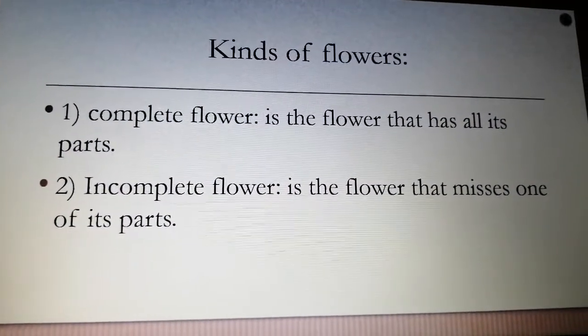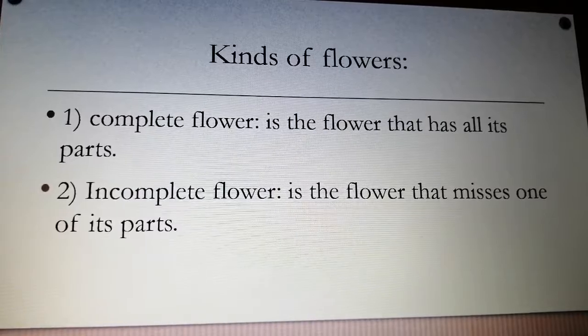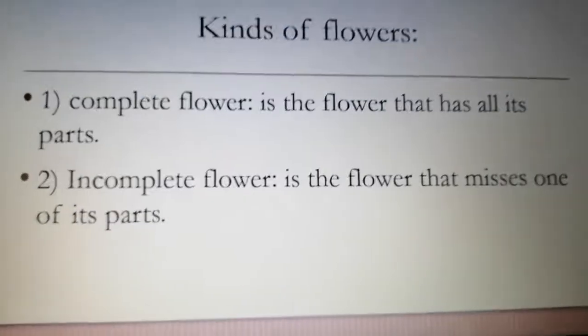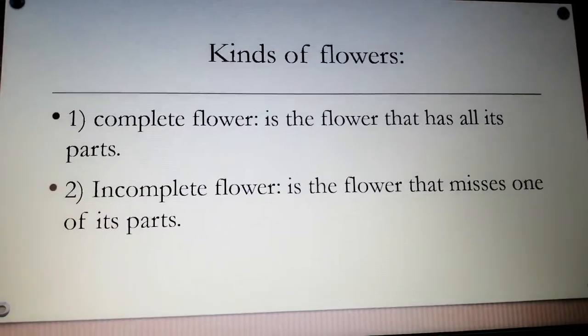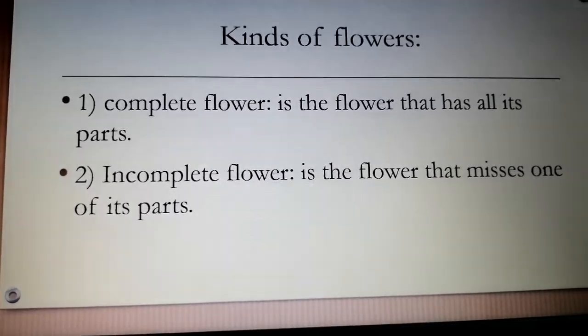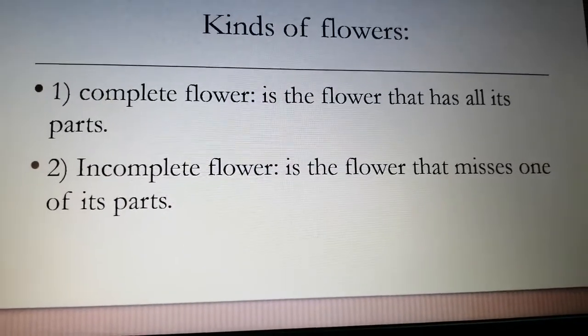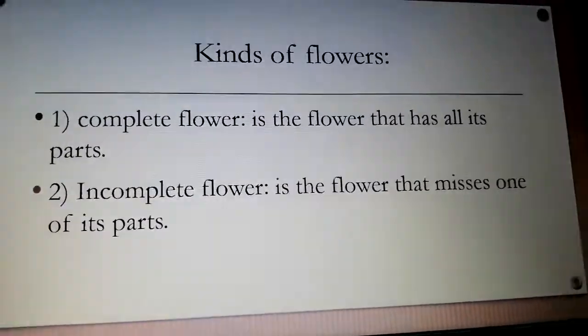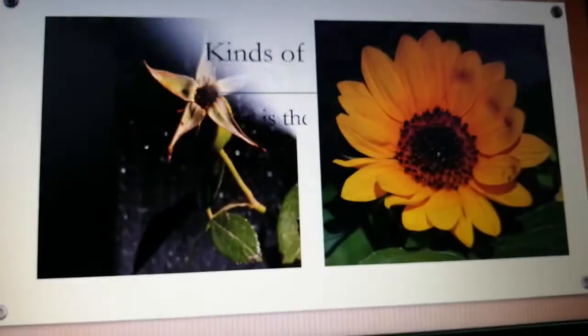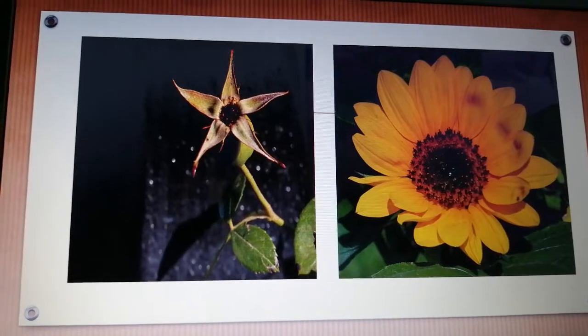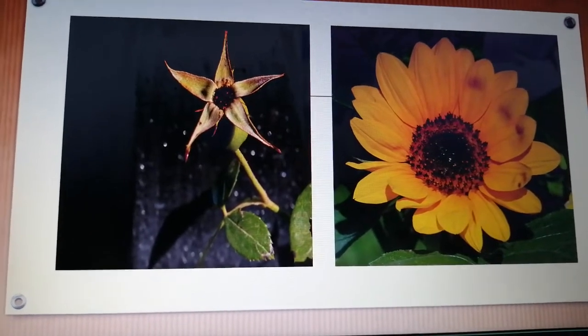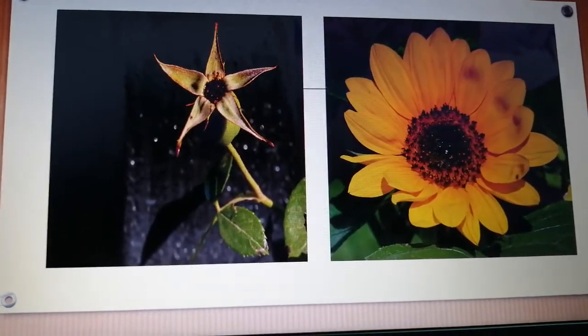Kinds of flowers. We have complete flower and incomplete flower. The complete flower is the flower that has all its parts. However, the incomplete flower is the flower that misses one of its parts. Look at the flower in the first picture. It misses its petal.